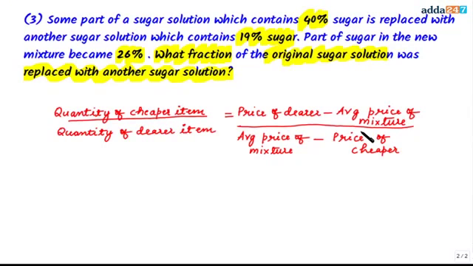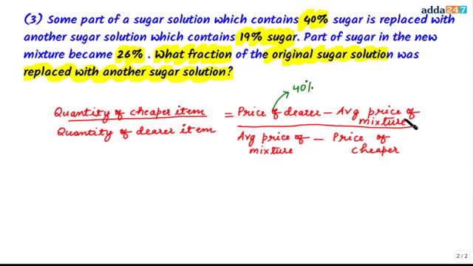Once again, let's analyze this problem in light of this formula which we have learned. And here the dearer item will be that item in which percentage of sugar is more, and the cheaper item will be that item in which percentage of sugar is less. So price of the dearer item will be 40%.